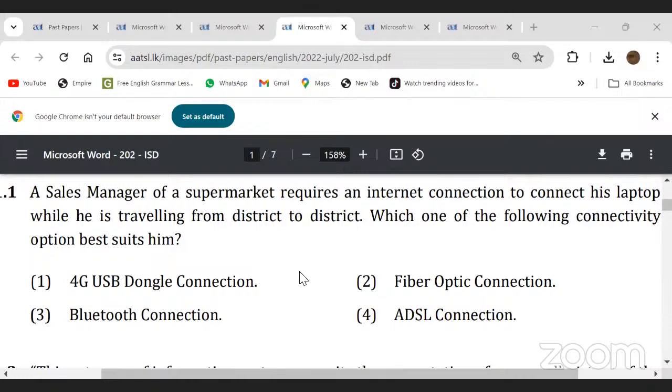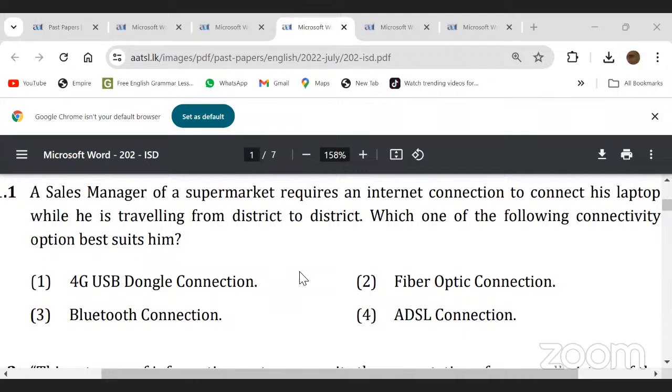Fiber optic connection is normally a wired connection. The optic wire has to be dropped to the particular location, so that is not possible to use with a mobile connection. As an example, this manager is bringing this here and there. Bluetooth connection is not a reliable internet connection.